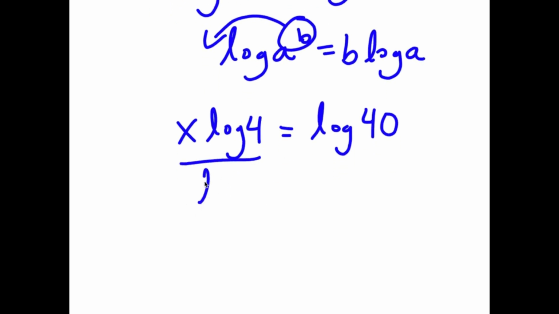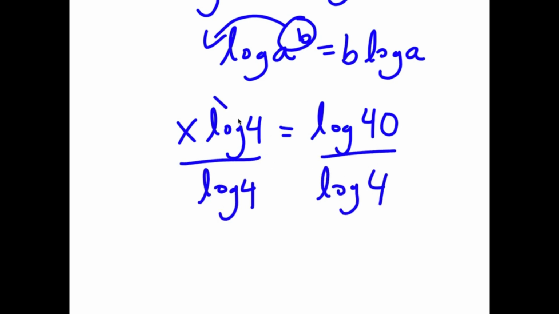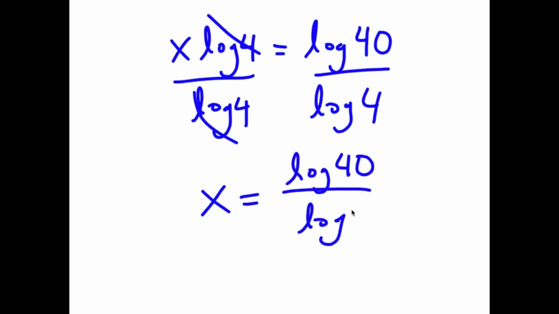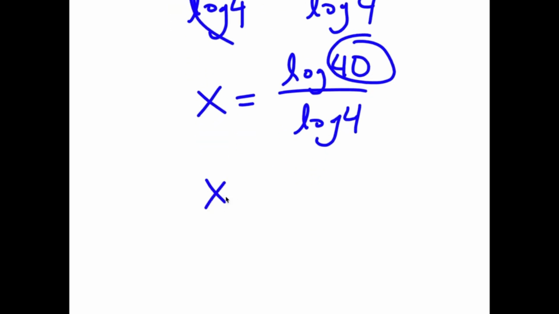Now I'm going to go ahead and divide both sides by log 4 so we can isolate x. So then these two log 4s cancel out, and I'm going to be left with x is equal to log 40 over log 4. Now we can rewrite log 40 as log of 4 times 10.